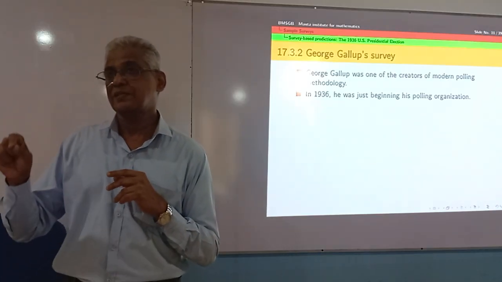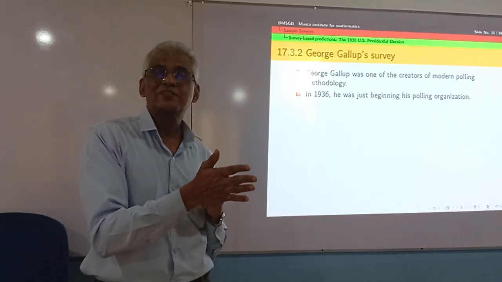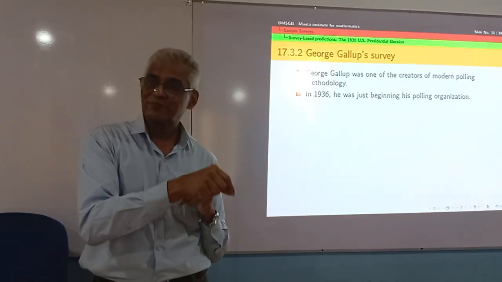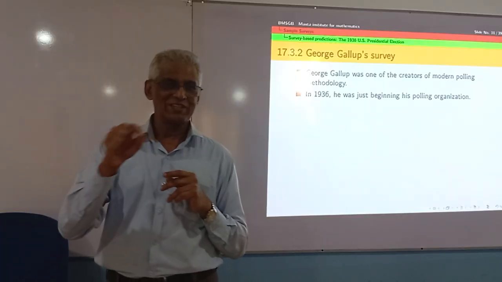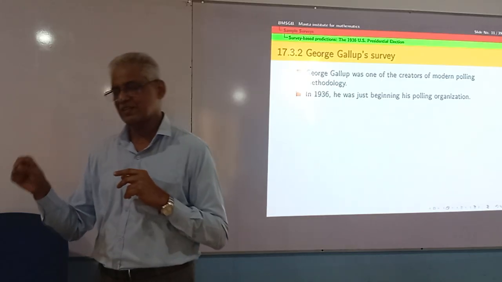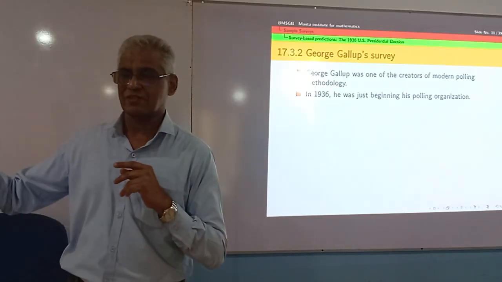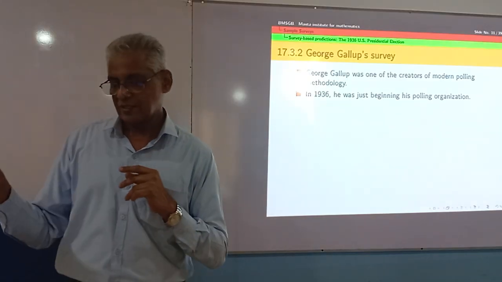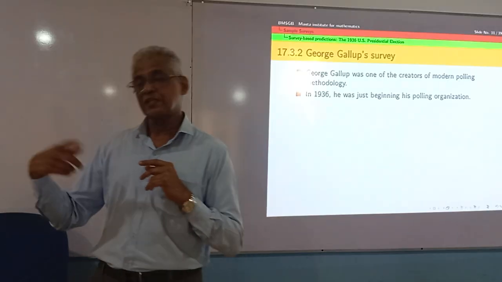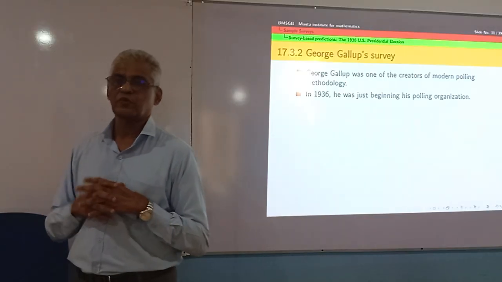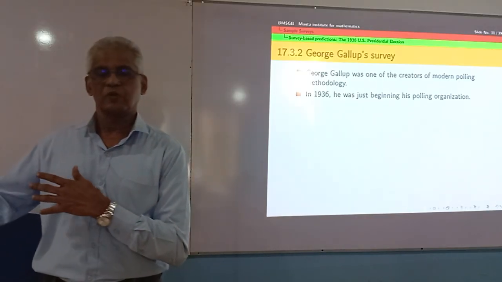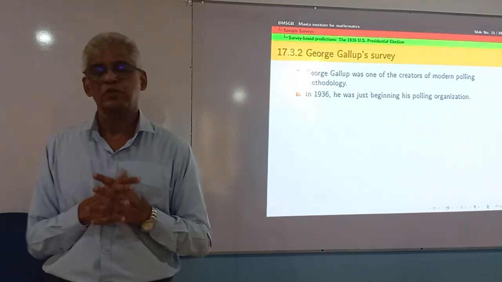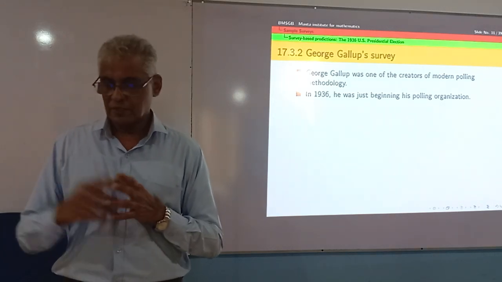He conducted one survey to predict the Literary Digest's prediction before they made it, and then he did another one to find out the person who would win the actual election.